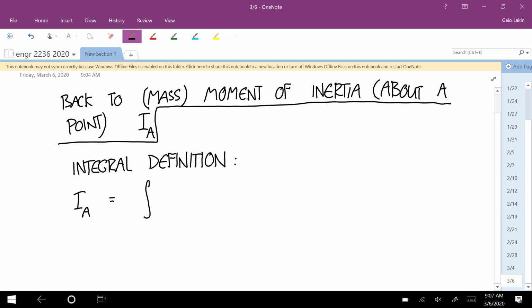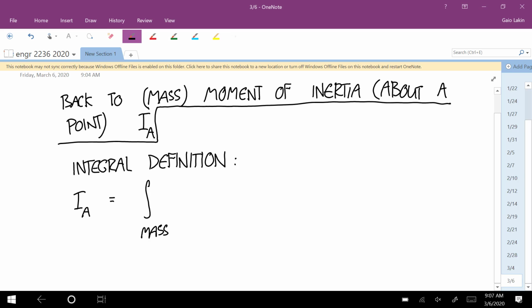the integral over the entire area. We're doing this in 2D, so all we're worried about is areas. Actually, I'm sorry, we're integrating this with respect to mass, so we have to do it over the whole mass.